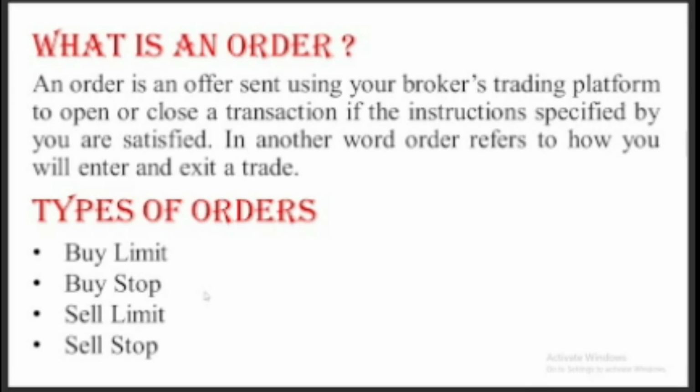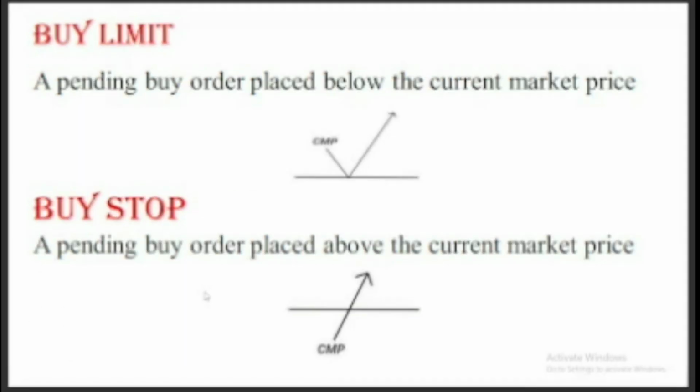So let's talk about the types of orders that we have. Let's talk a little bit about them. For the buy limit, a buy limit is a pending buy order placed below the current market price. I use this little image just to depict what I'm actually talking about.